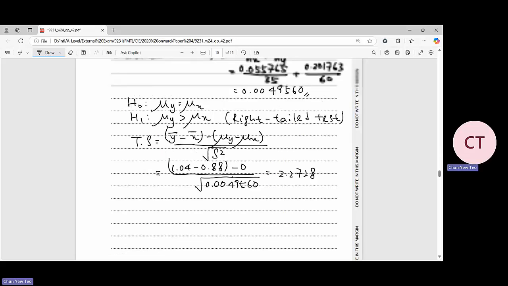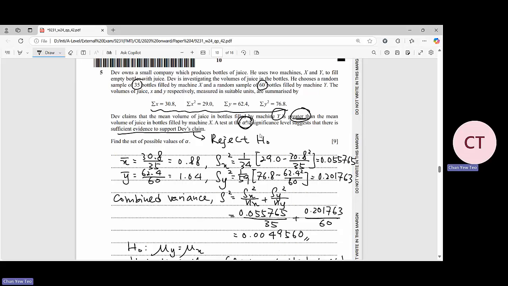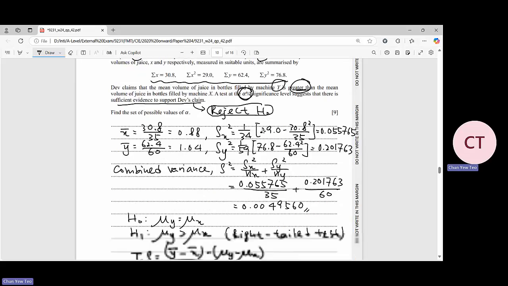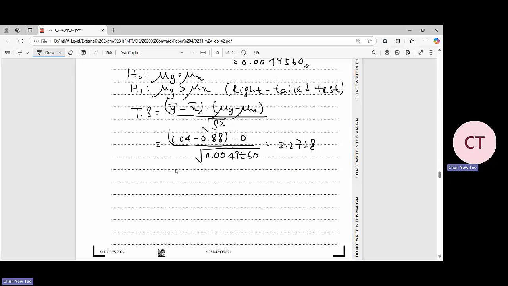So we need to reject H0, because from the question, we need to reject H0. You can see that this is a right tail test. This is the Z alpha, and this is the rejection region. We do not know this value, but we know that the test statistic must fall into here in order to reject H0.